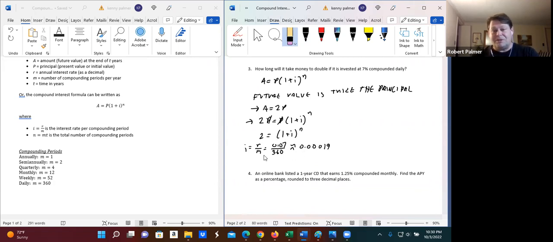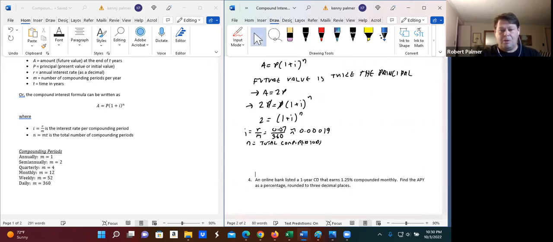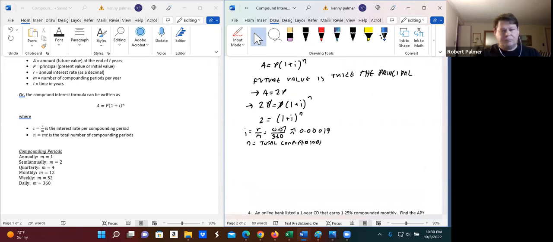And of course, n is what we're essentially going to be looking for, the total number of compounding periods.